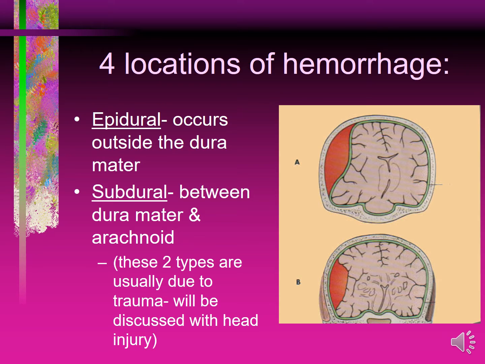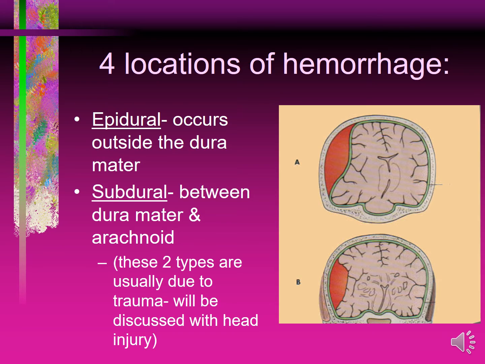So here's where an epidural hemorrhage is. The next layer in would be a subdural hematoma, and that is below the dura, which would be under here. It's actually pictured here, and that's between the dura mater and the arachnoid mater.